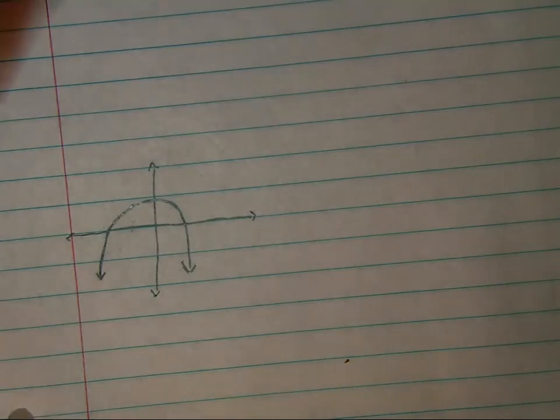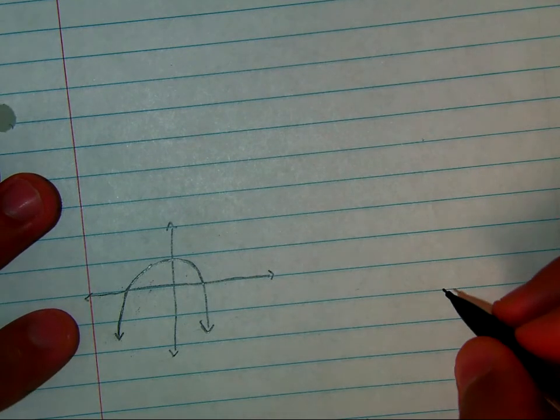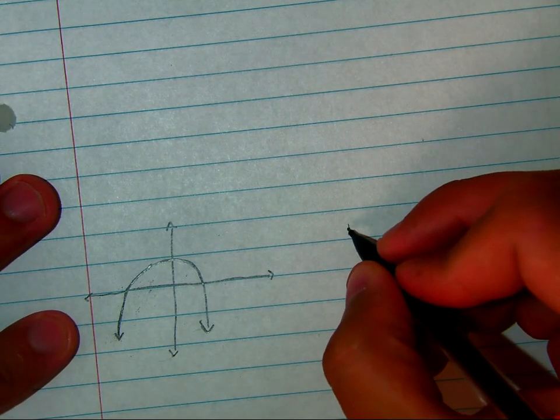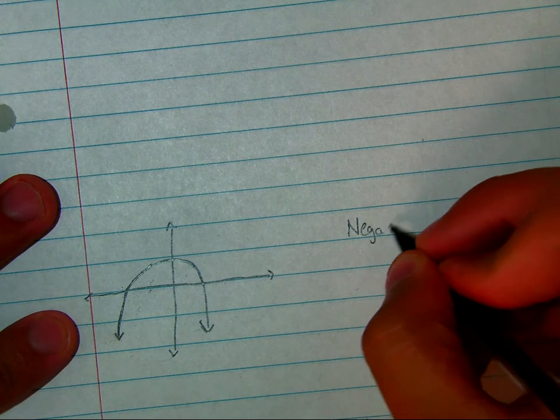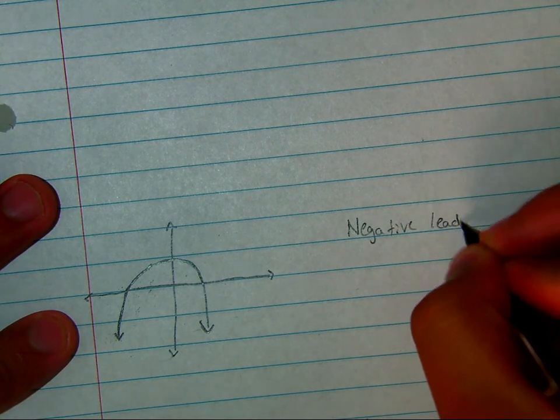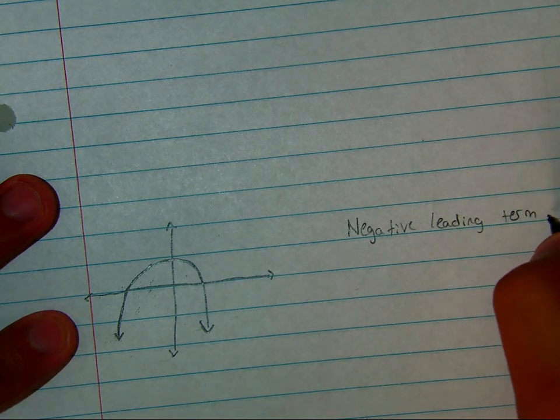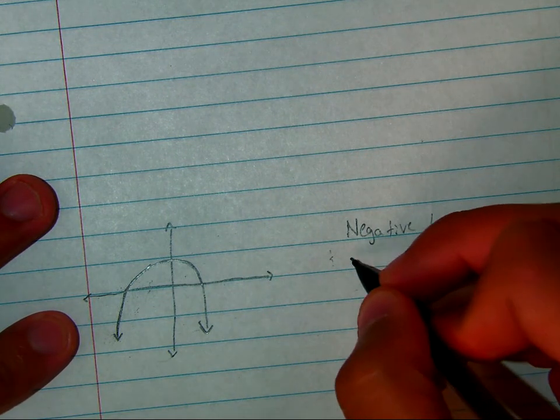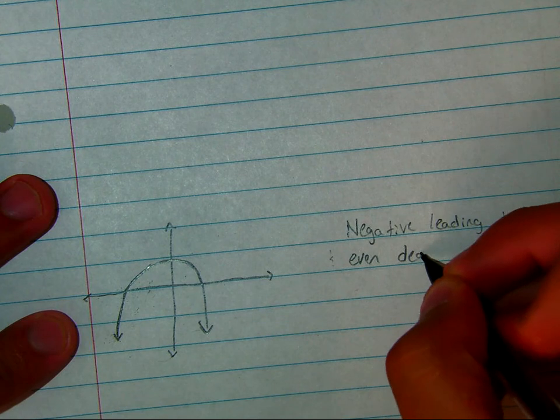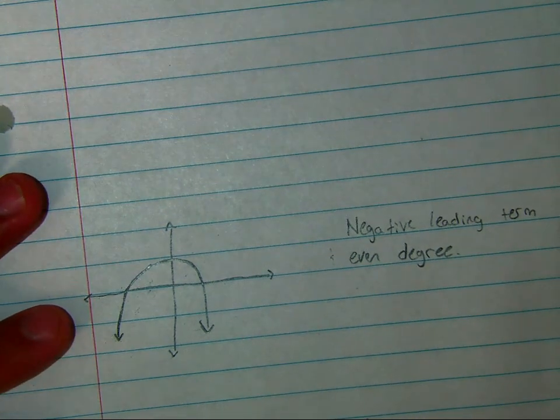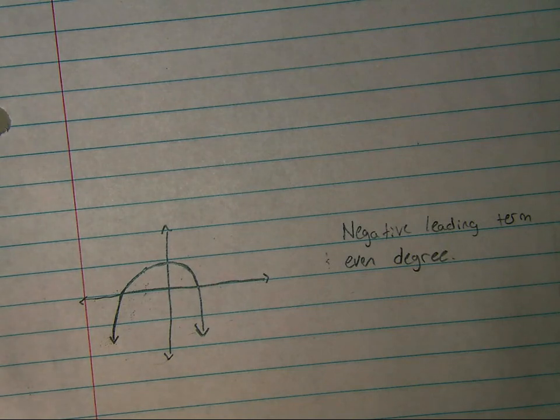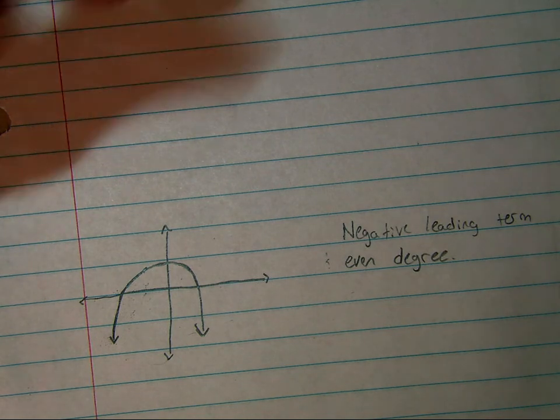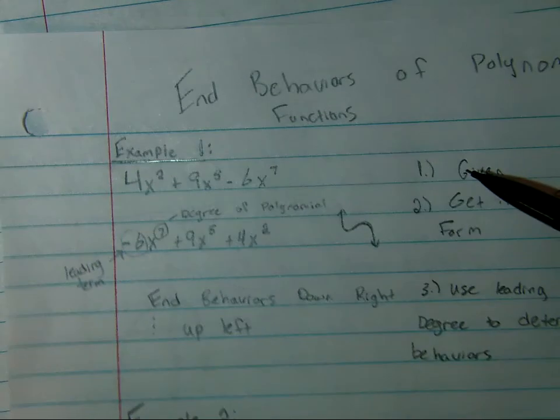So I know that this one has to have a negative leading term because it's down, and an even degree. Okay, so there you go. That's how you can go backwards and find if it's a positive or negative leading term, an odd or even degree, as well as, if I give you a polynomial, determine its end behaviors.